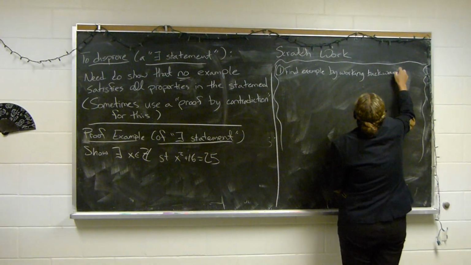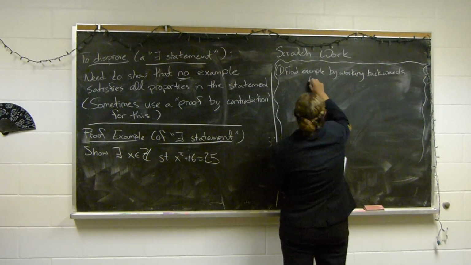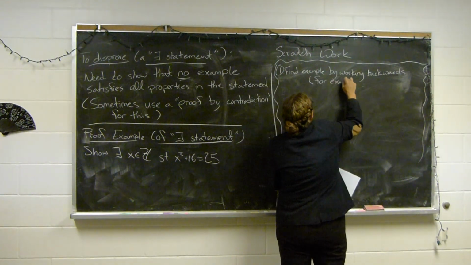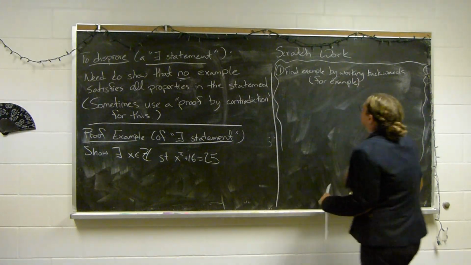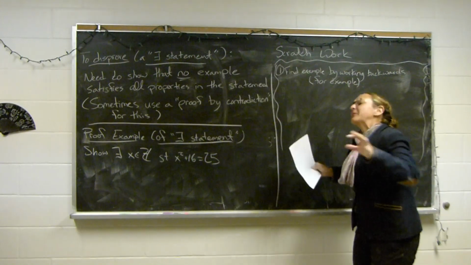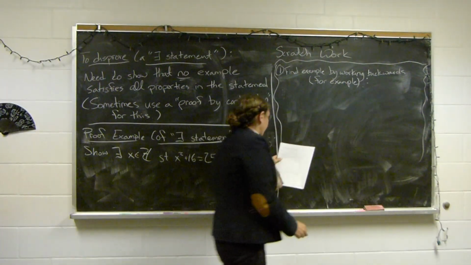And I know that this is funny: we're going to find an example, for example, by working backwards. Now I think I got all the words in the right place.